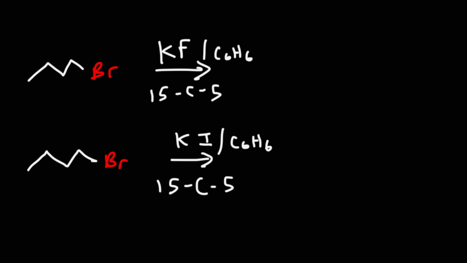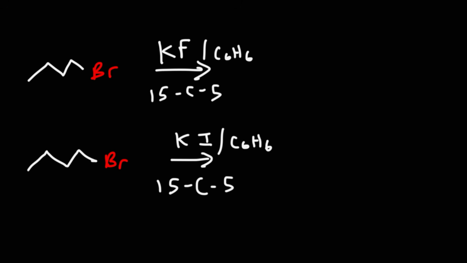Now, potassium fluoride is not soluble in benzene, but the crown ether actually increases the solubility of potassium fluoride in benzene. So you could think of this as a phase transfer catalyst. For those of you who want to get deeper into that, I do have a video on crown ethers. But right now, the only difference that we have here is the choice of the nucleophile.